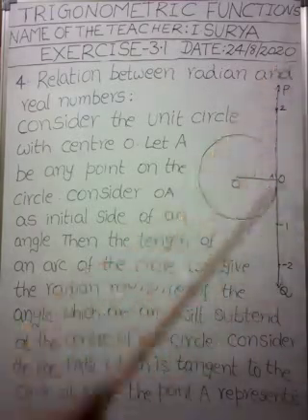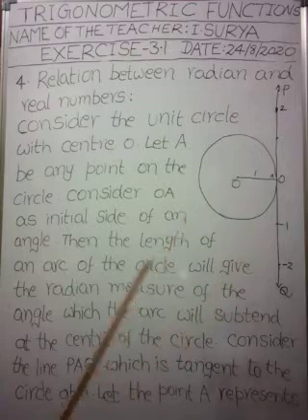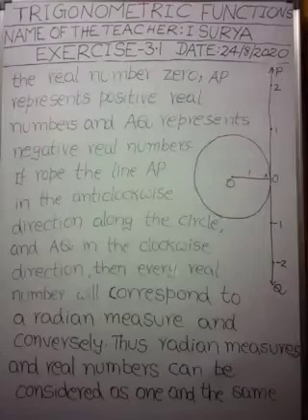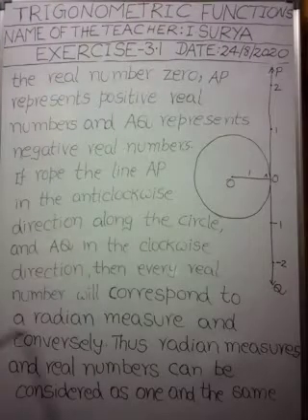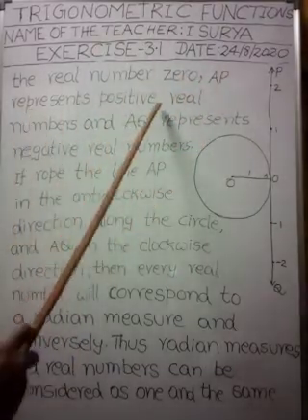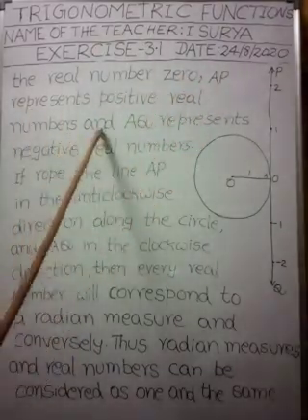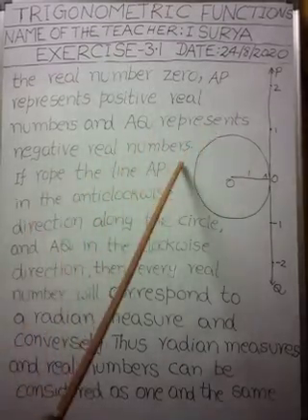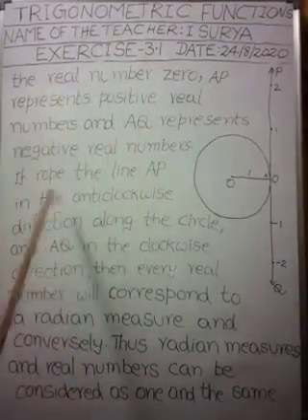PAQ. This line is a tangent to the circle. Let the point A represent the real number 0. AP represents positive real numbers and AQ represents negative real numbers. Okay, my children.